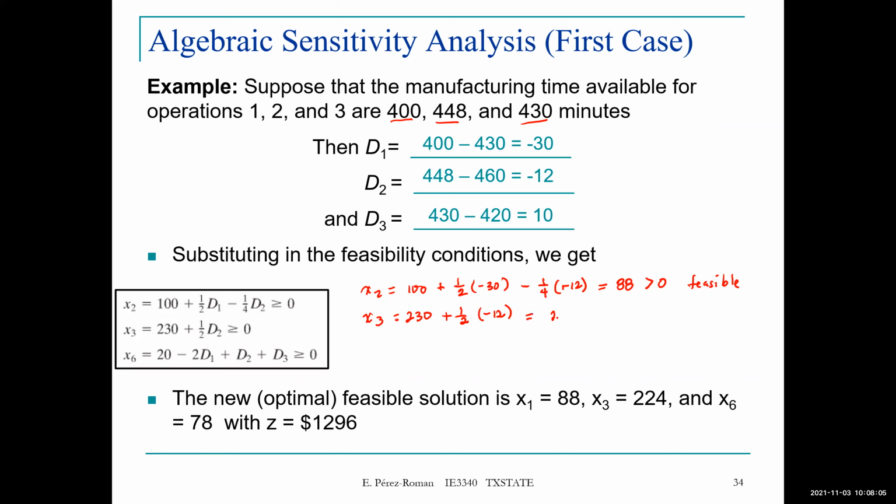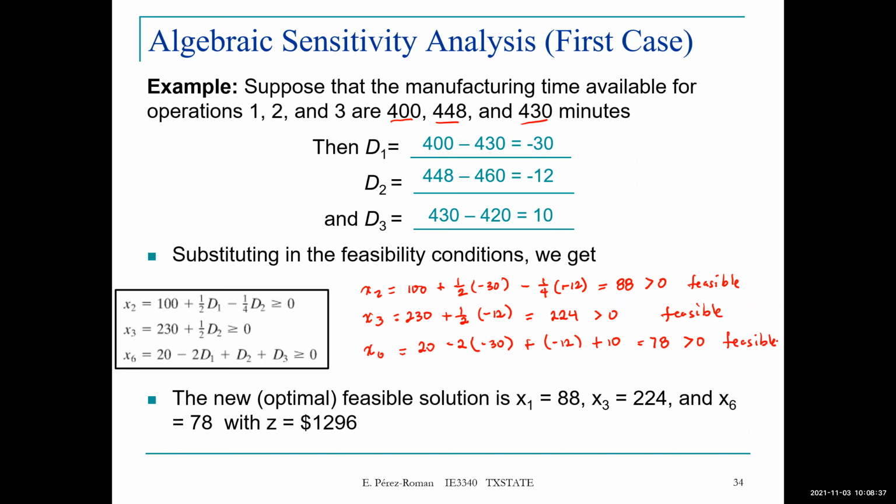And this is 224, which is greater than 0. So it's also feasible. And then X6 equals 20 minus 2 times minus 30 plus minus 12 plus 10 equals 78, which is also greater than 0. So this is also feasible.